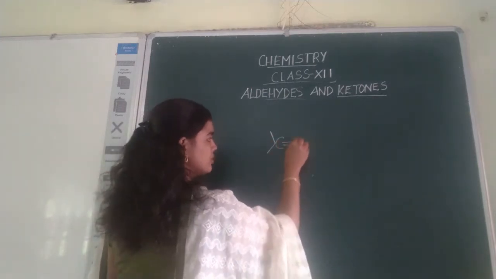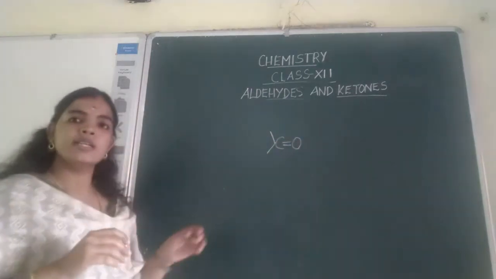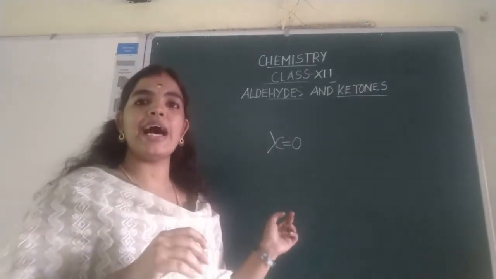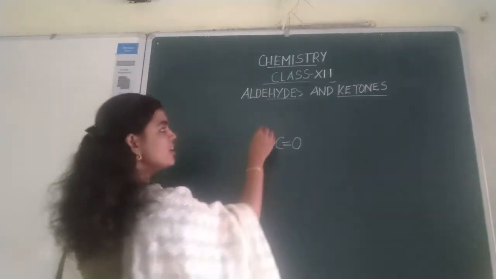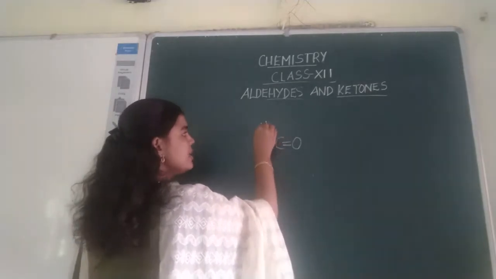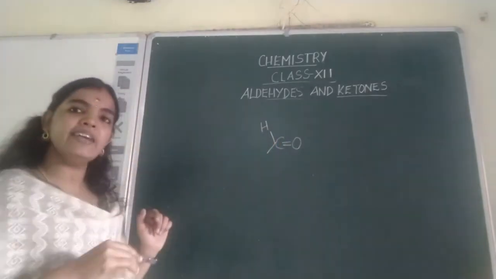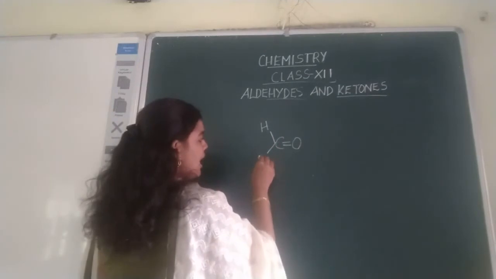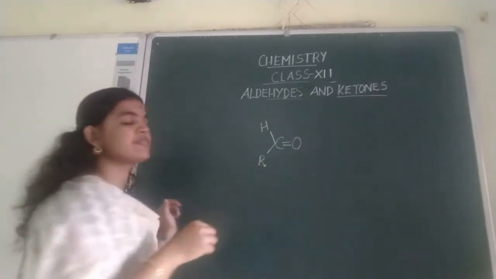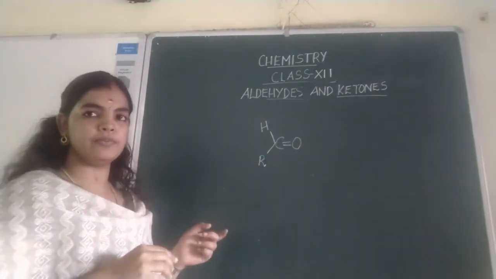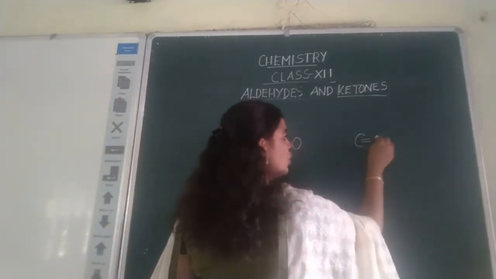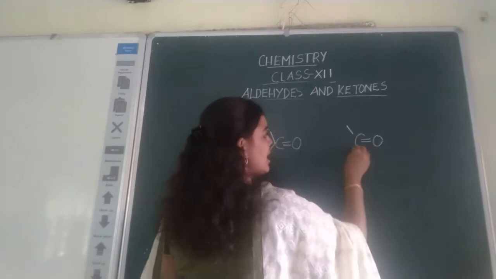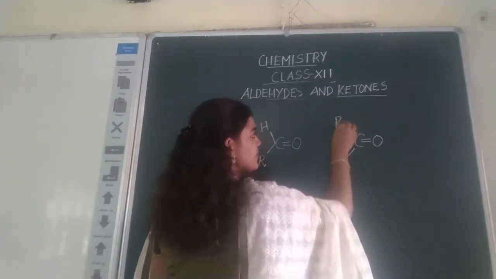Carbonyl group. Okay. So what is the difference between aldehyde and ketone? In the case of aldehyde, one of the valencies of carbon is satisfied by hydrogen and the other valency is satisfied by an alkyl group. And in the case of ketone, both the valencies of the carbon atom are satisfied by alkyl groups.